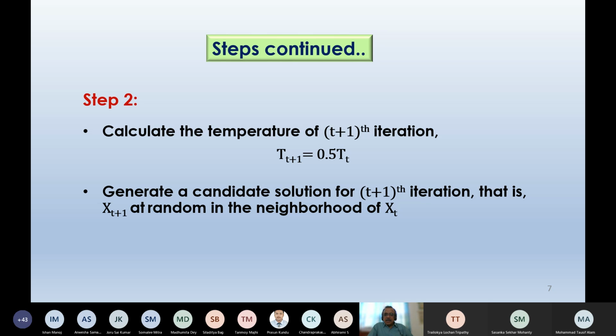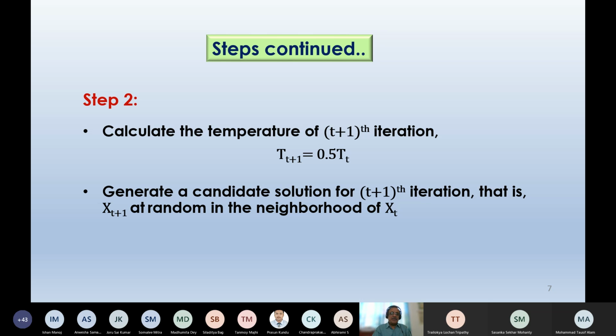Accordingly, you will get a different cooling speed. But let me assume that we reduce the temperature to 50%. That is, capital T at the t plus 1 iteration is nothing but 0.5 multiplied by capital T at the t-th iteration. Capital T indicates the temperature and small t denotes the iteration number.